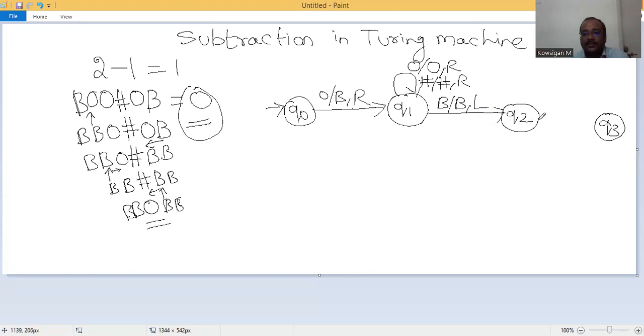This 0 will be mentioned as blank and again move to left end. You will be having hash, 0 and R. So until you are reaching the left end blank, you have to mention as it is. Sorry, here it is not blank, it should be mentioned as hash.